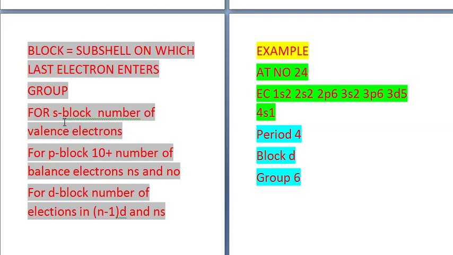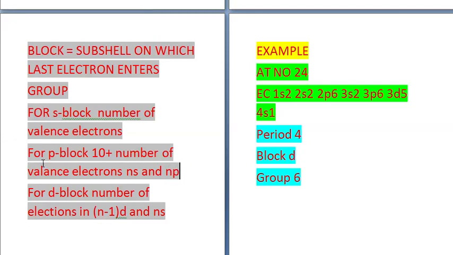For p block, you have to add 10 plus the number of valence electrons in ns and np.